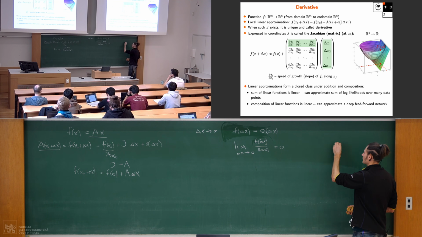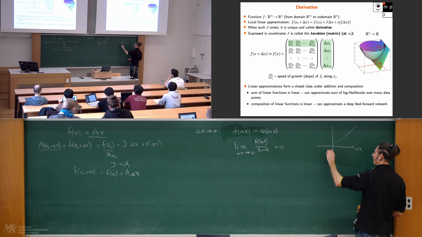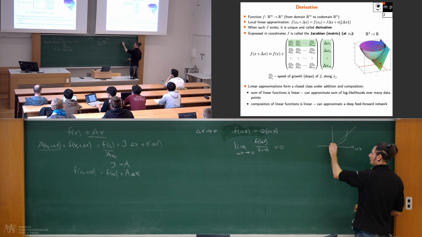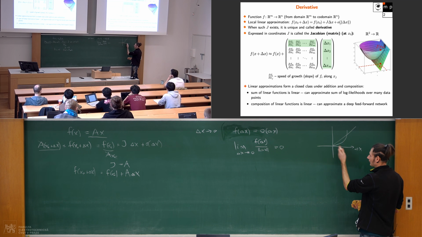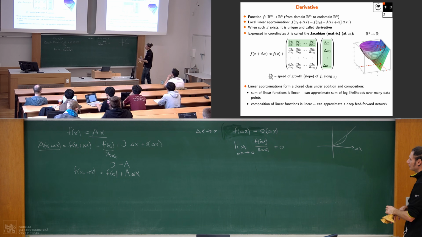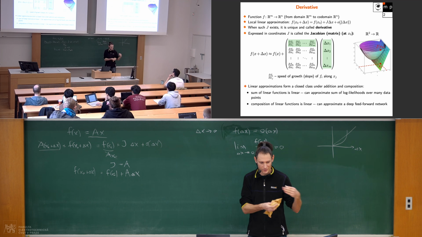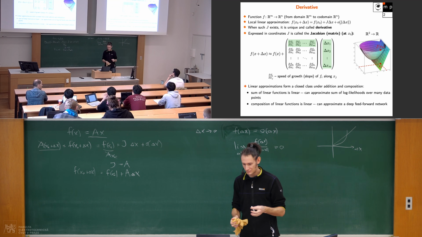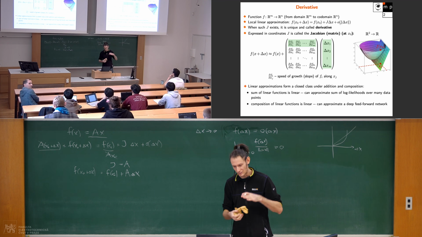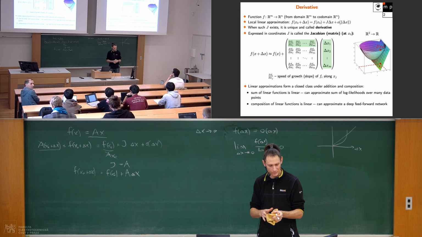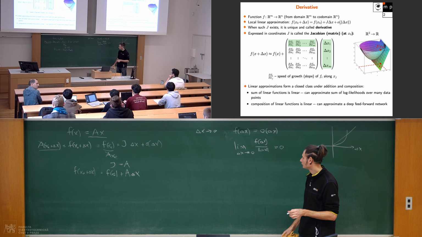So that means the function approaches 0 faster than the linear function asymptotically when delta x goes to 0. That's what it says. And it says that our derivative must be accurate, so our linear approximation must be accurate in that sense. There is a linear part and then some remainder that approaches 0 faster than any linear function.